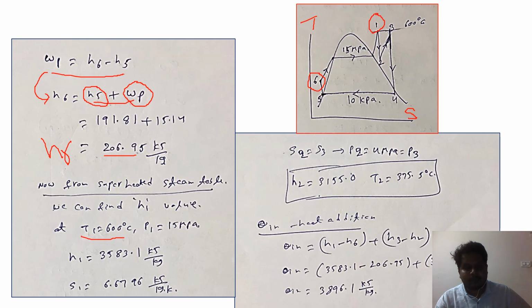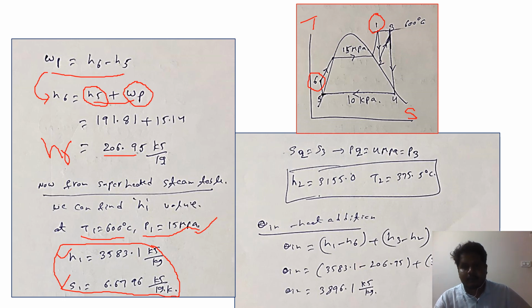The pressure P1 equals 15 megapascal, which is also given in the problem. So at 600 degrees centigrade and pressure 15 megapascal, if you look at the steam table, you can find the H1, S1 values, and I have taken these values from the superheated steam table, because point 1 is in the superheated region.